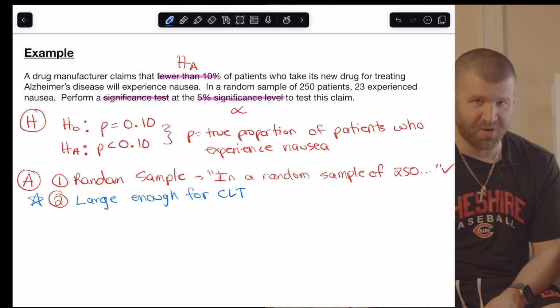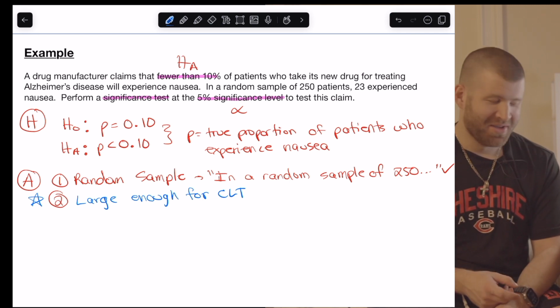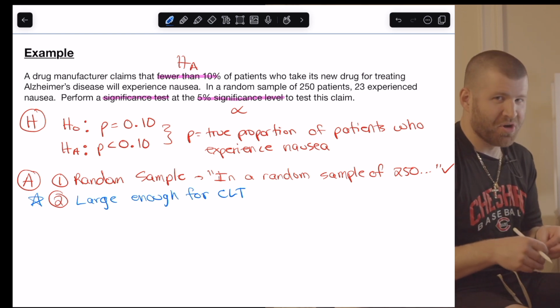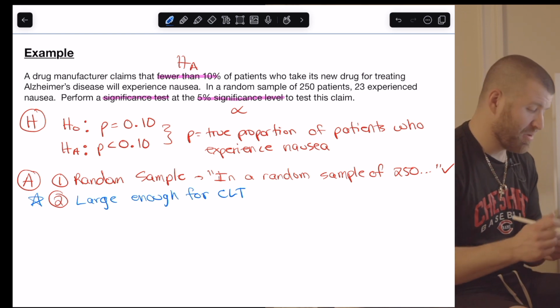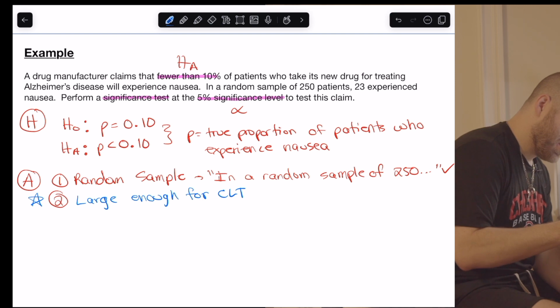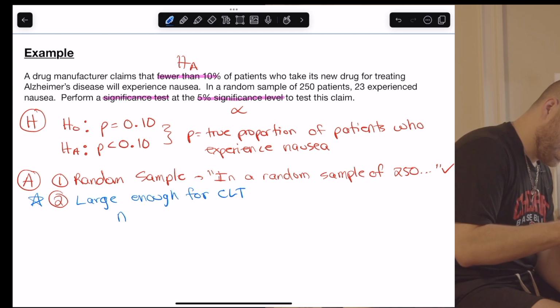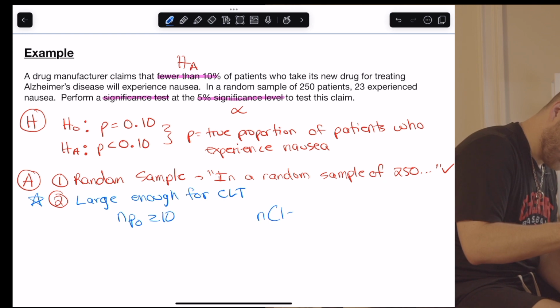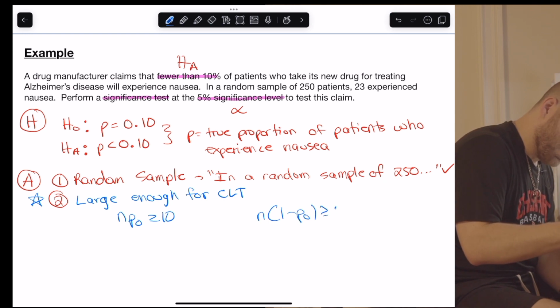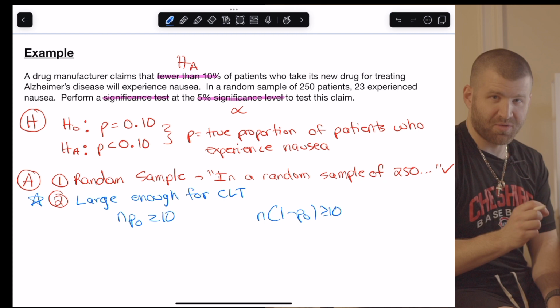Well, guess what? It's going to be slightly different now because we have to go on the basis of the null hypothesis. So instead of just being able to use the number, I have to use my null hypothesis value, which is that p sub 0.